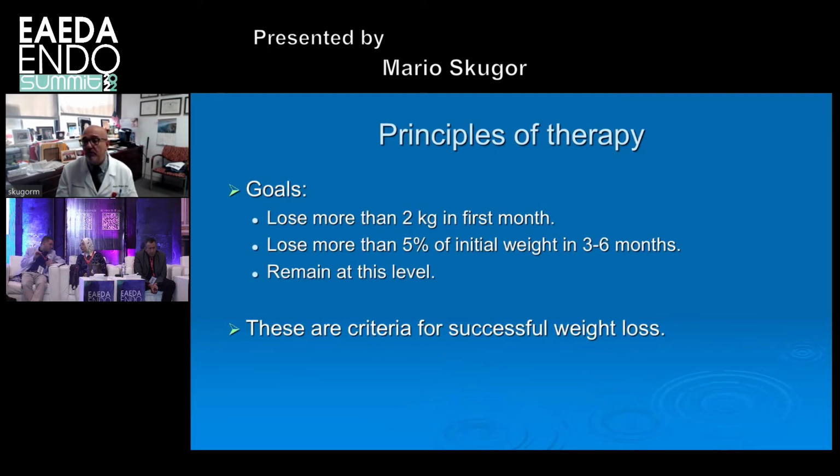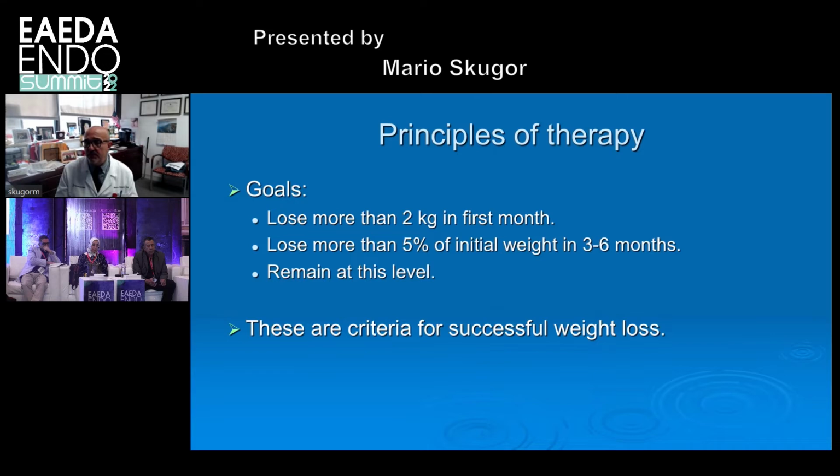So what do we have to do? We have to set realistic goals of treatment with the patient. For example, a pretty good goal would be to lose more than 2 kilograms in the first month of treatment, lose more than 5% of the initial body weight in 3 to 6 months, and then remain at that level. That would be good enough for us.